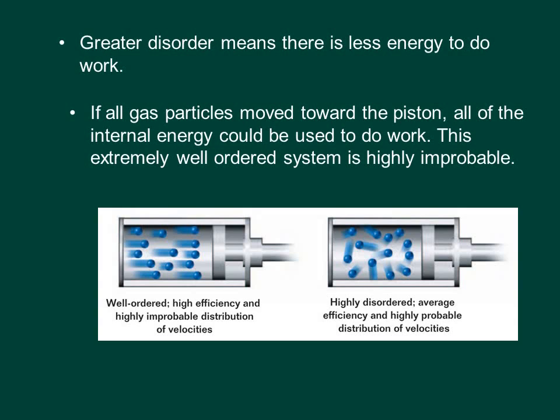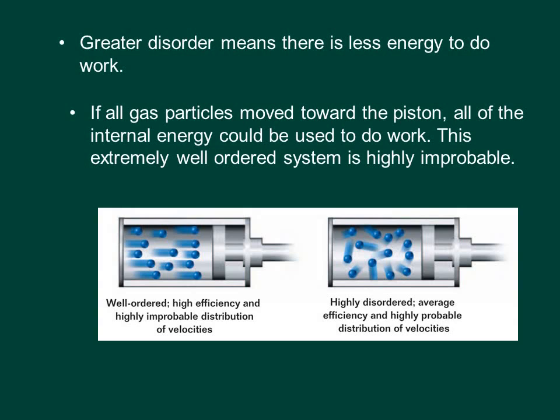All of the internal energy could be used to do work. But this is not the case. Here, well-ordered, high efficiency, and highly improbable distribution of velocity. While in the second figure, highly disordered, less efficiency, and highly probable distribution of velocities.